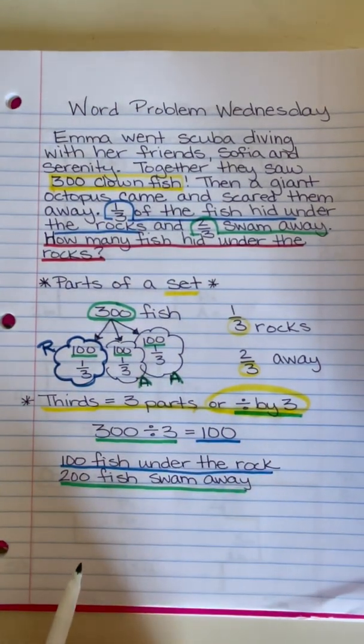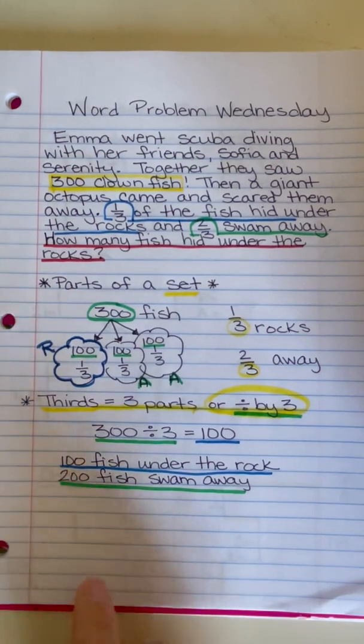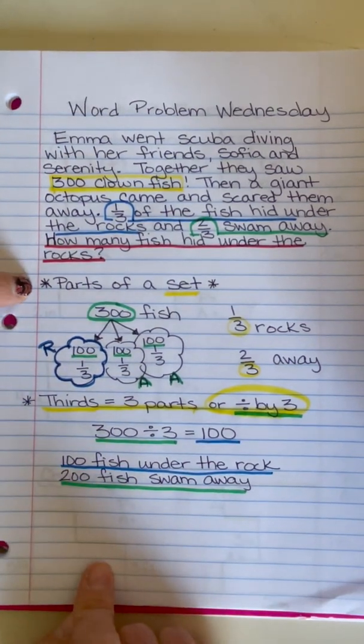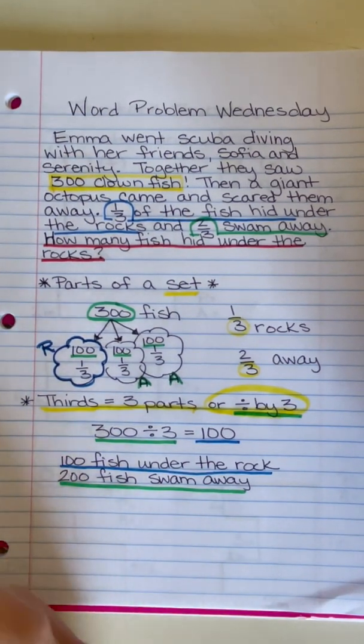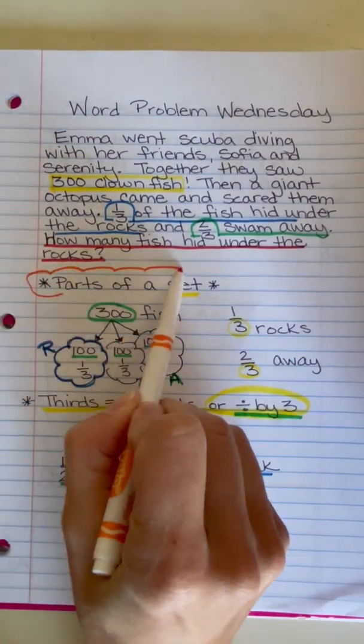Okay. All right. So you could have solved it a different way. This is just how I thought about it and what was going on in my mind, because I knew it was going to be parts of a set. Okay. This is super, super important. In fact, it's so important, I'm going to go ahead and put a little fancy cloud around it.